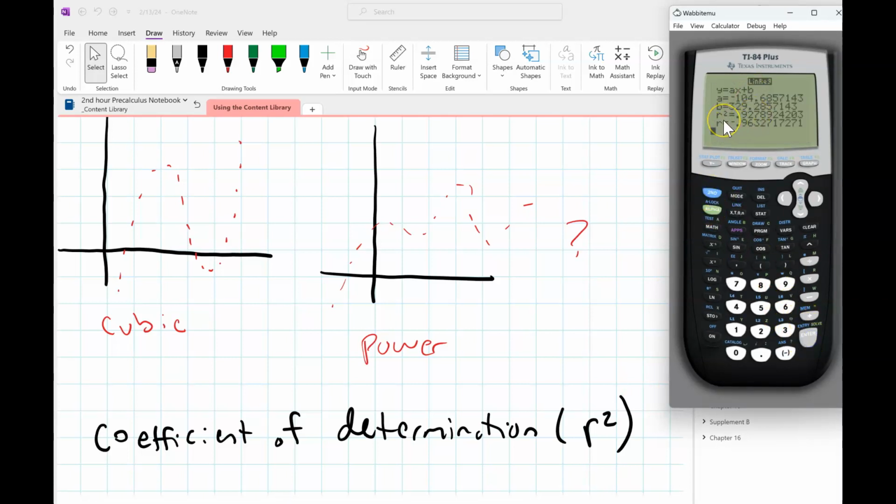So remember when we did the ln reg and we also got the r squared value? What if we did something crazy with this data set? Maybe we'll do a different kind of regression on it and see if it'll be a better fit than the linear one we just did.